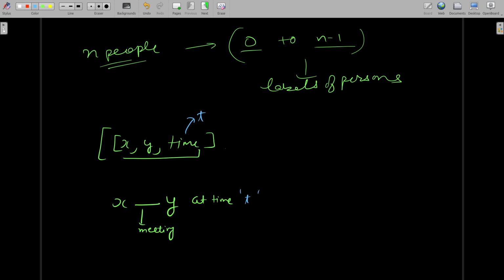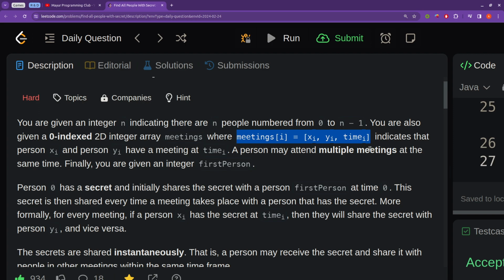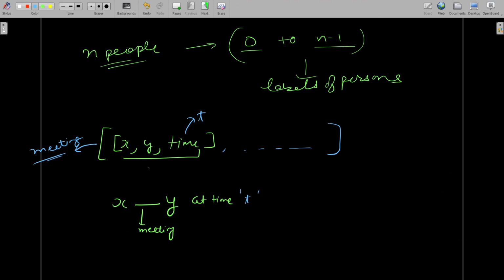Okay, so there are certain entries in this meetings array. This will be given to you, okay, and it is mentioned that a person may attend multiple meetings at the same time. Okay, so how so? Let's say some entries are like this.